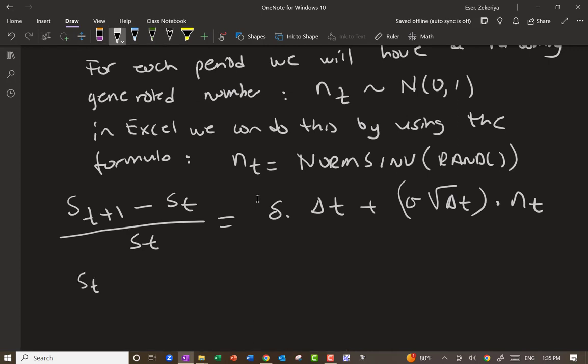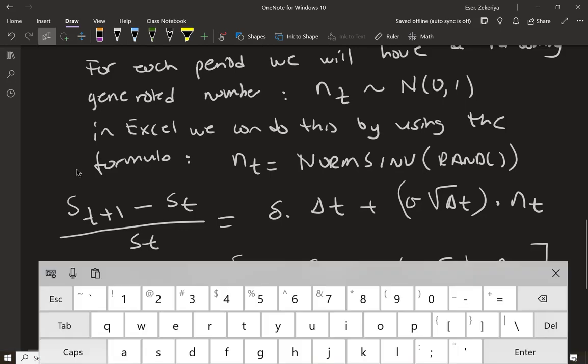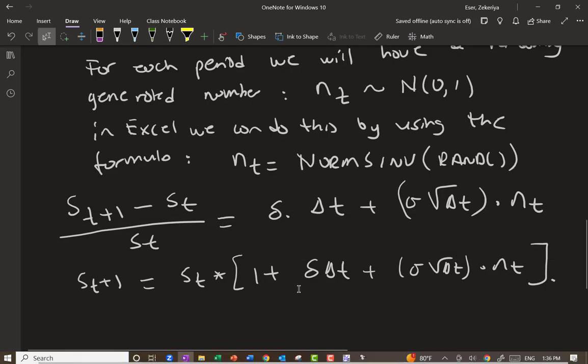Alternatively, S(t+1) is going to be S(t) times 1 plus... so this will generate a path, and for each path we're going to calculate some payouts. But let's go ahead and develop our paths first.